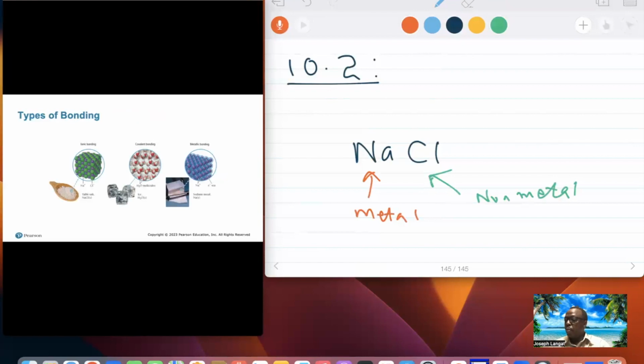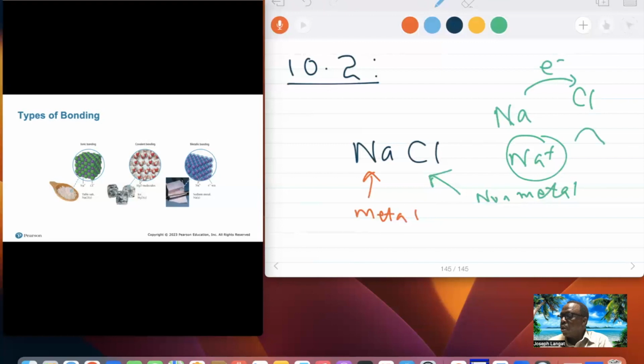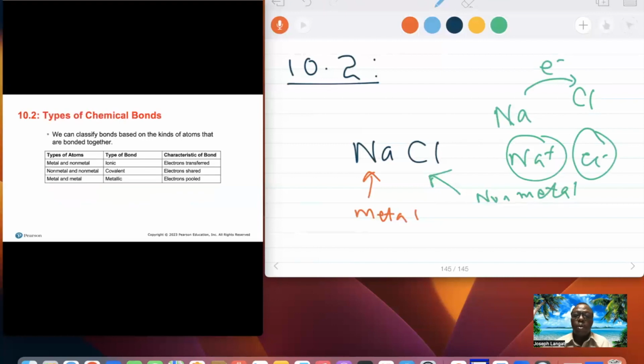For main group elements, you should be able to determine the number of valence electrons. So sodium will lose 1 electron to chlorine, forming sodium, which is a cation, and chloride, which is the anion in sodium chloride.